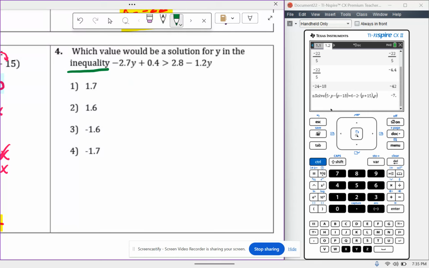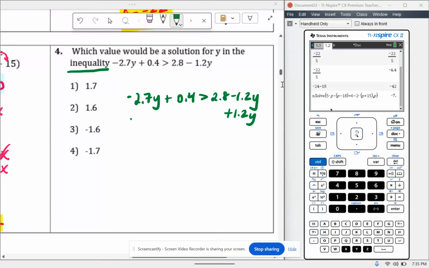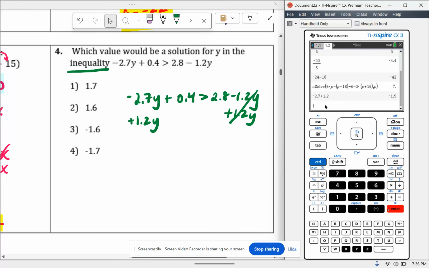So I have negative 2.7y plus 0.4 is greater than 2.8 minus 1.2y. So I'm going to sort so I can get all the y's over on the left. Adding and subtracting with decimals, I'm definitely going to use my calculator to make sure that I get the answer right.